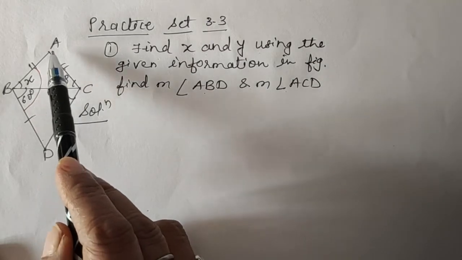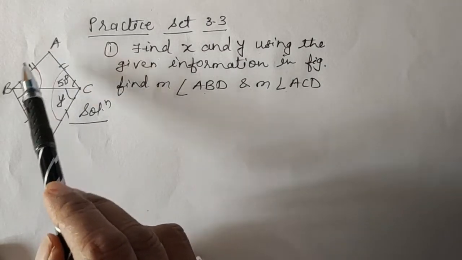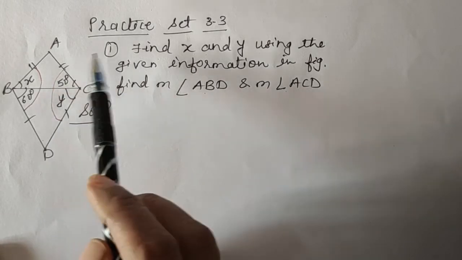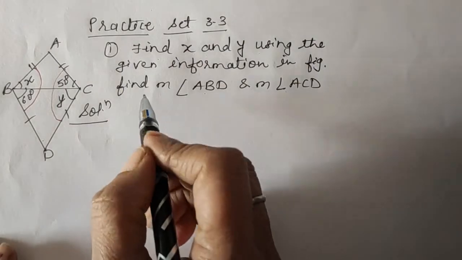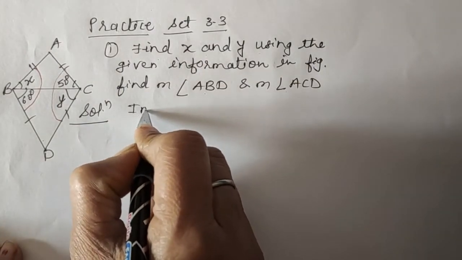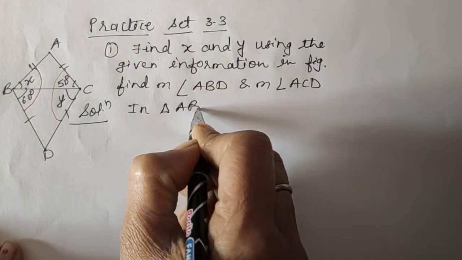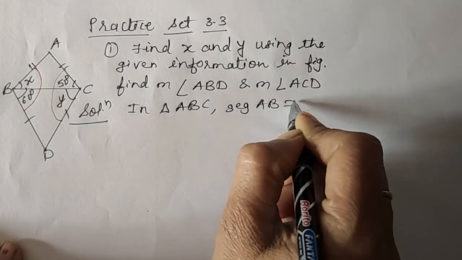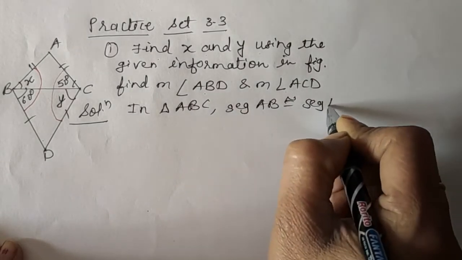So if this ACB is 50, this angle ABC will also be 50, and now you got the value of x, isn't it? So let's write all this, that in triangle ABC, segment AB is congruent to segment AC.